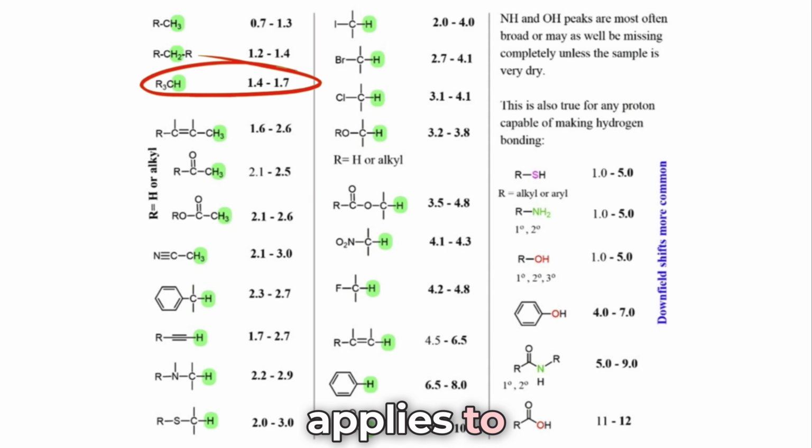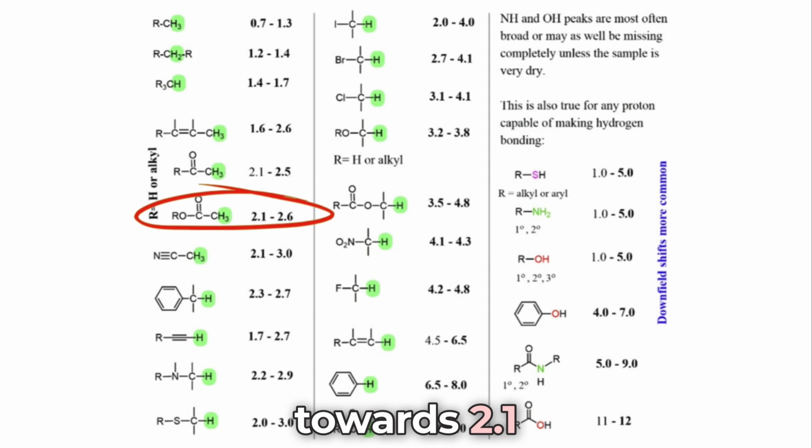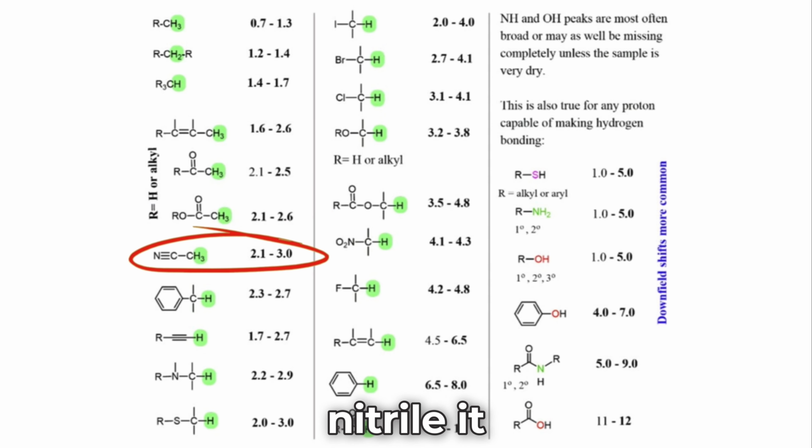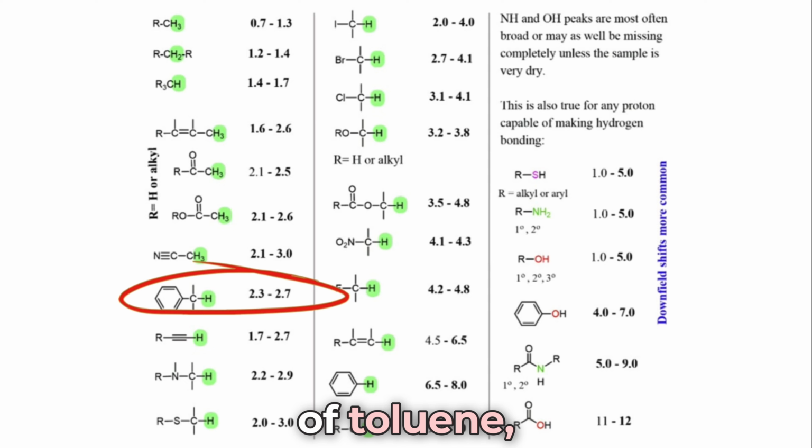A similar thing applies to other groups also. If a carbonyl group is present near a methyl, then it will shift towards 2.1 to 2.5. Similarly, if any ester is there, it will shift towards 2.1 to 2.6, while in the case of nitrile, it will remain between 2.1 to 3. If a methyl group is attached to an aromatic ring, like in toluene, it generally comes between 2.3 to 2.7.